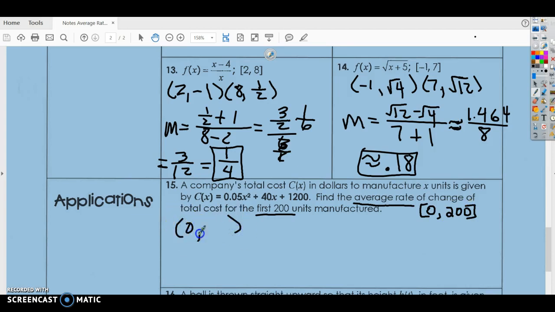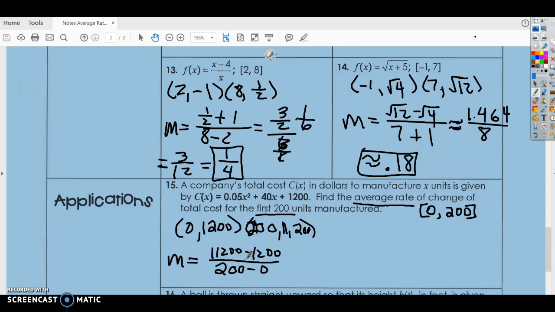So we can say that's our X value. And if I have X at 0 and X at 200, then I can plug 0 in, and you can pause this and type it in your calculator. You should get 1200. If I take 200 and plug it in for X, you're going to get 11,200. Okay, so we're going to do the exact same thing we've been doing. Y2 minus Y1 over x2 minus x1.